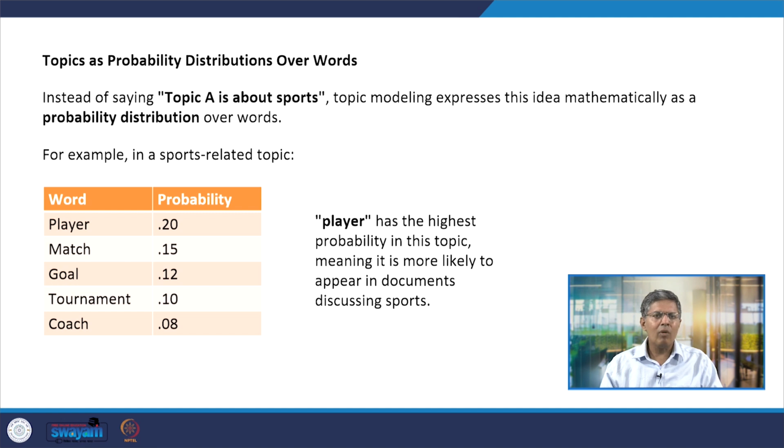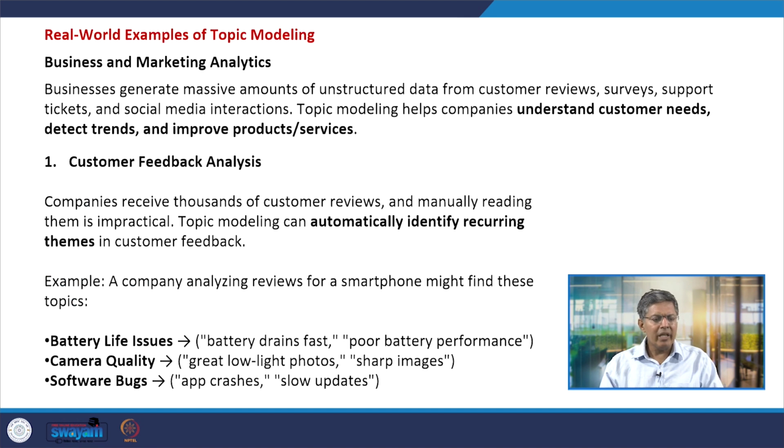Okay. Now, what is the probability of their occurrence? Player 0.2, right? Match 0.15, goal 0.12, tournament 0.1, and coach, the last, is 0.08. So, player has the highest probability in this topic, meaning it is more likely to appear in the documents discussing sports.